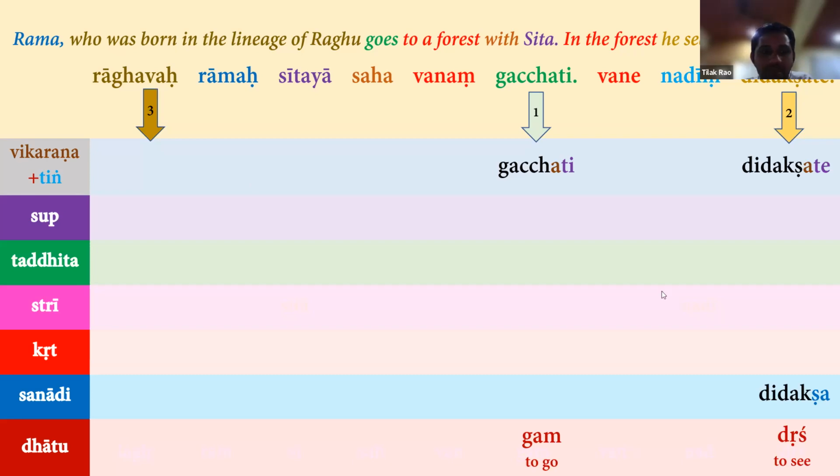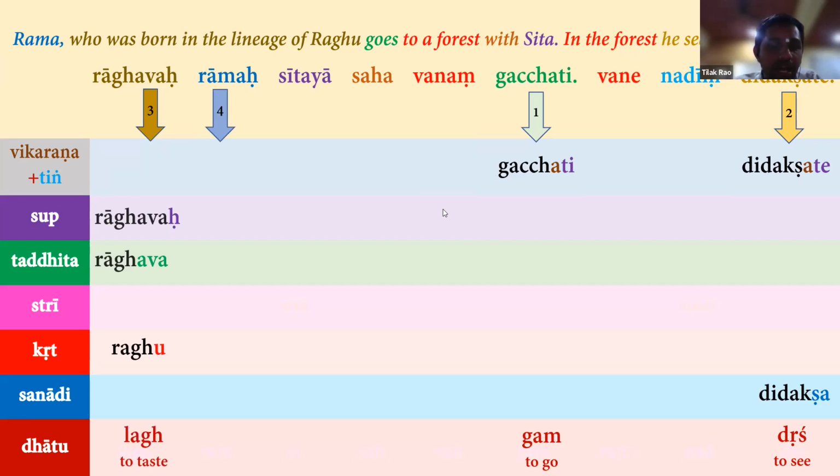Drish is a dhatu. By adding sanadi, it becomes didriksha. This is another dhatu, and by adding vikarana plus thing, it becomes didrikshate. So by adding 3 pratyayas, sanadi, vikarana, and thing, we got didrikshate. But to get gacchati, there are only 2 pratyayas, vikarana and thing.